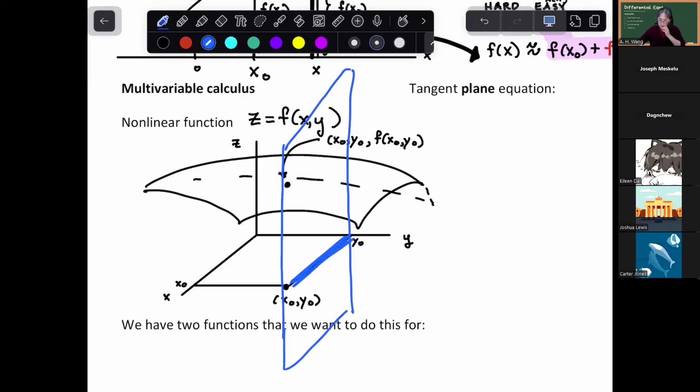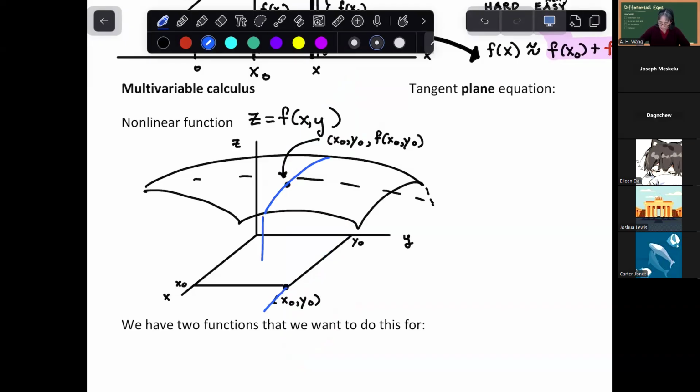You're cutting down through the surface like this, and it's above, right? You're right above here. So then this curve is z equal f of x, where you plug in this y naught right here.